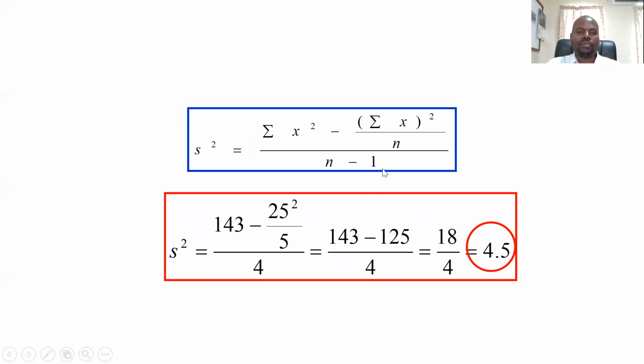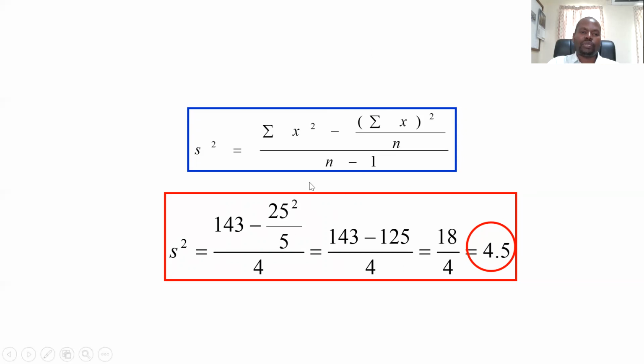Actually, if you look at this one, it was equally okay just to divide by n, because so far we have not calculated a mean, but the spirit of subtracting a 1 from n is that we have used this formula to calculate the mean already. But as I said, if you do that, the answers might not be that very different.